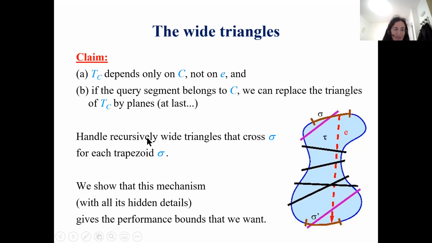Again, I am not getting into these details, but if someone is interested after this talk, I can explain that. And that's it. And we show that this mechanism with all the hidden detail gives the performance bound that we want. Okay, so this gives some ideas about how to obtain the bounds for white triangles.